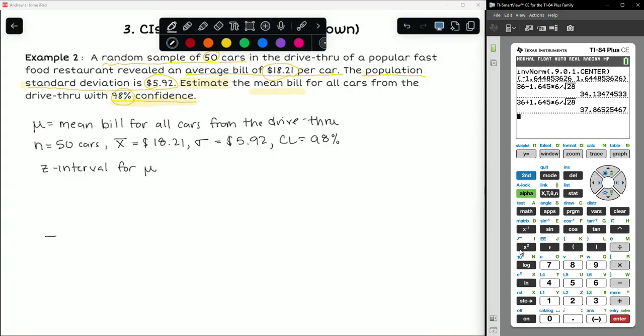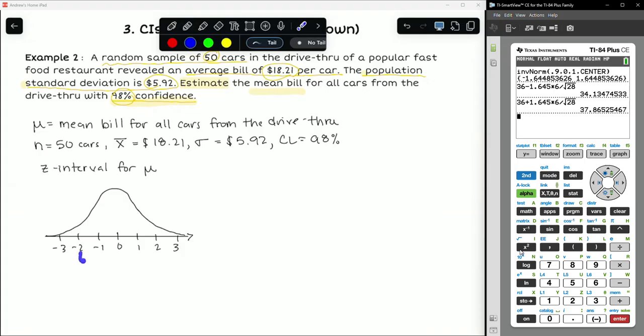So we draw our z interval, our standard normal. We mark our confidence level, in this case 98%.